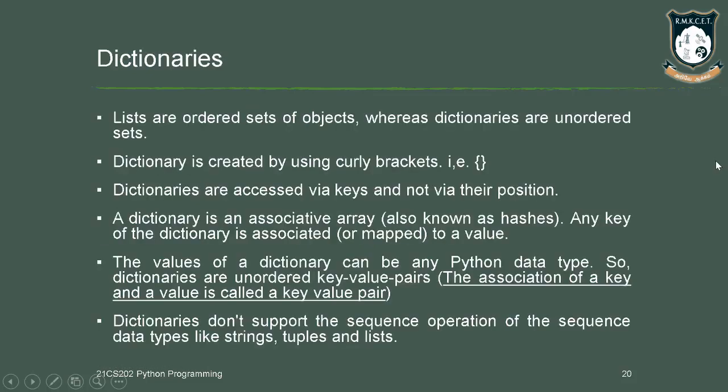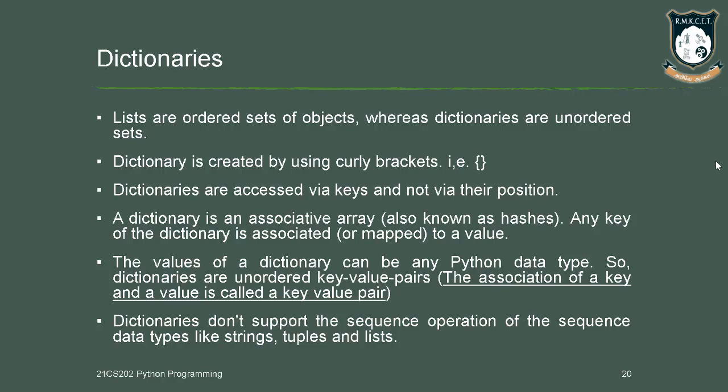Finally, it is the dictionary. A list is an ordered set of objects and a dictionary is an unordered set of objects. If I declare a dictionary and print the values, the output will be shown, and the arrangement of values will be different from the input given.